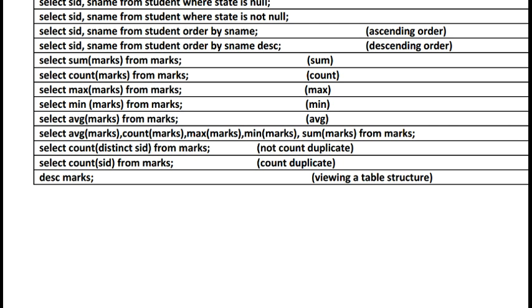So the LTRIM function simply removes the front blank space of a string, and RTRIM only removes the rear space, only the back space. So TRIM removes front and rear space, LTRIM removes only front space, and RTRIM removes only rear side space.